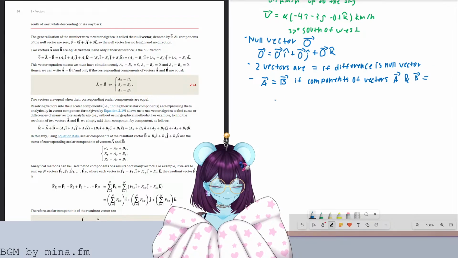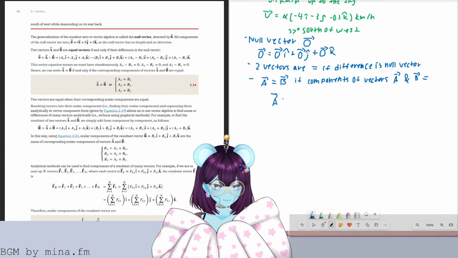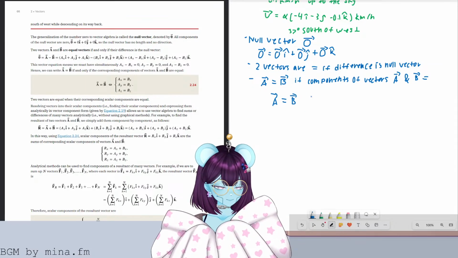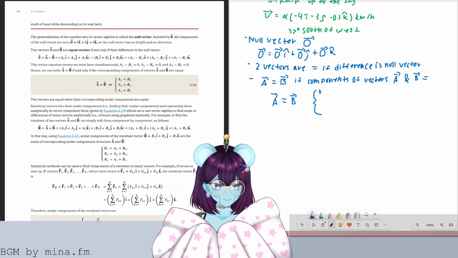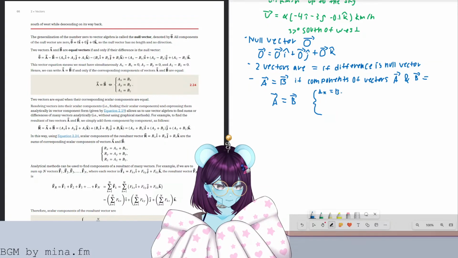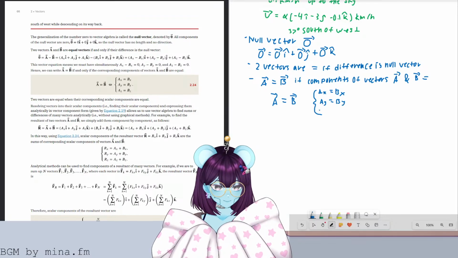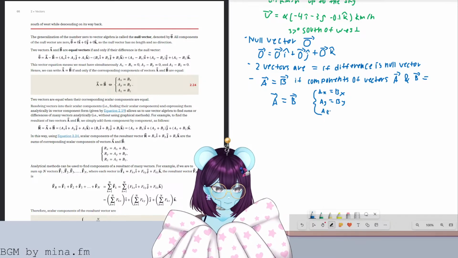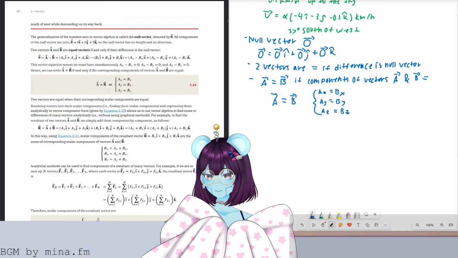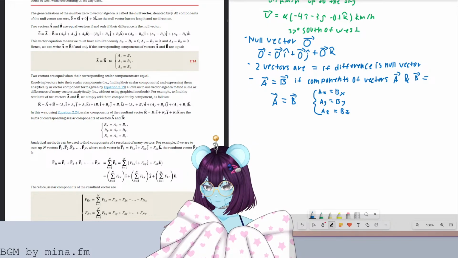So we can write that as a highlighted key point: two vectors are equal when their corresponding scalar components are equal.